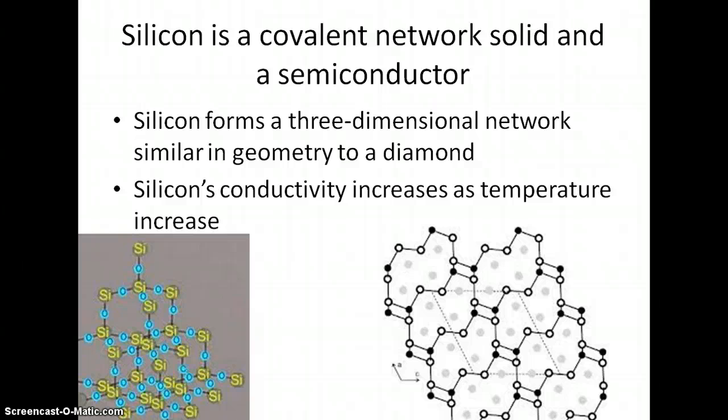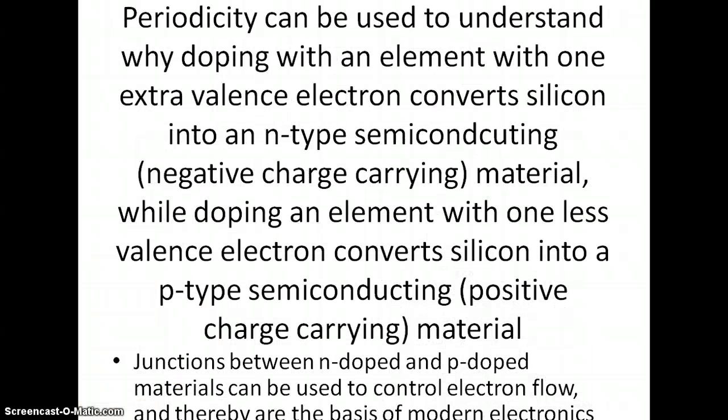Silicon is another common element you see in covalent network solids, and it's also a semiconductor. It can form a three-dimensional network similar to what a diamond would do. Silicon's conductivity increases as the temperature increases, so if you get silicon at a high temperature, it can conduct electricity very well.